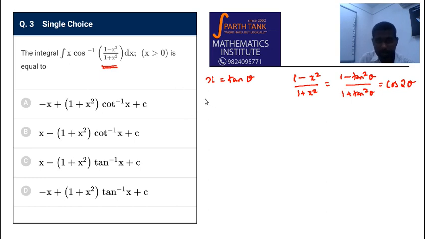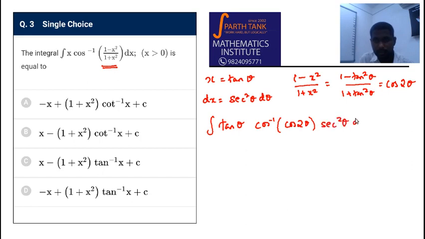Okay, and of course dx we need is secant squared theta d theta. So substituting this in the integral, we have x is tan theta, cos inverse of the whole bracket is cos 2 theta into dx is secant squared theta d theta. Right? So this cos inverse of cos 2 theta becomes 2 theta.